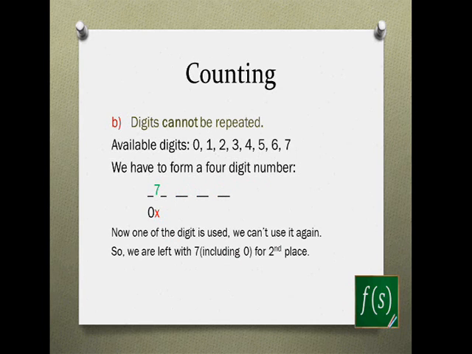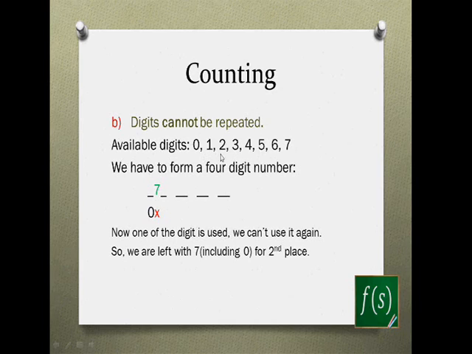Now we come to the second part, when you cannot use a digit twice. So the first blank that we fill remains the same, like this. You can use only 7 digits here apart from 0. Now you understand here that since you have utilized 1 digit out of these 8 digits, it could be 1, it could be 2, it could be 3, I cannot use that digit again, right?